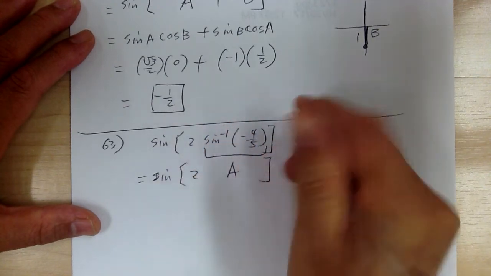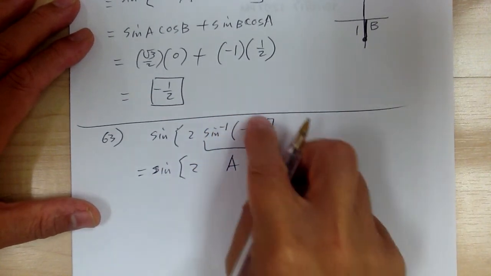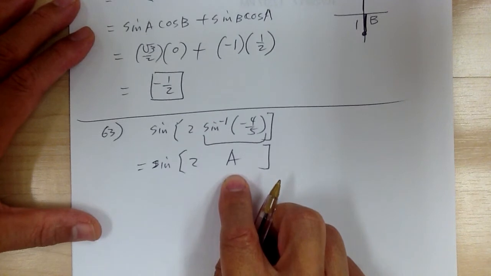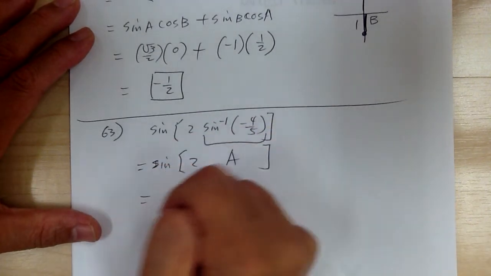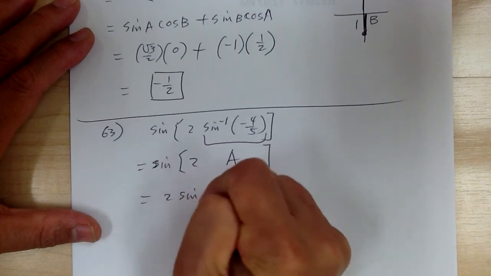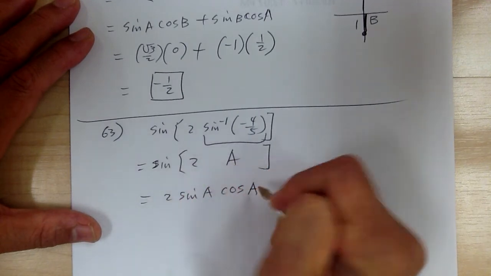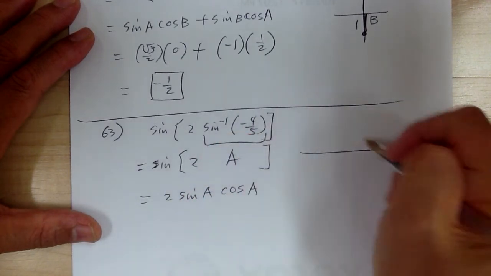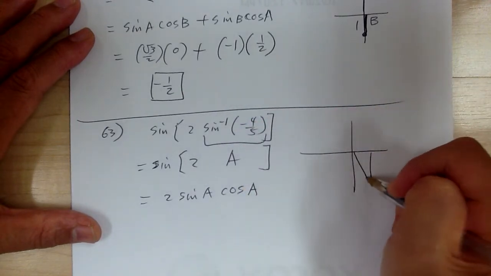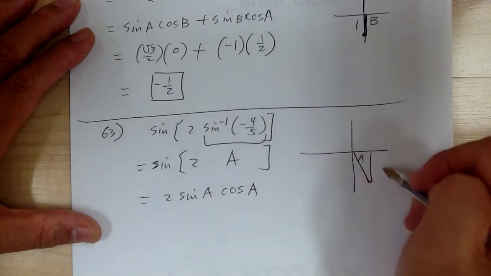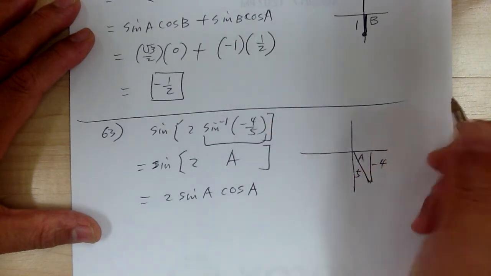Right? So again, inverse function means an angle. So if you do the conversion right away, then it's not too confusing. So now you have to do expansion. So this is equal to 2 sine A cosine A. So you have to use this to draw your triangle. So sine is negative, so it's quadrant 4. So that's your A. So it's -4/5.